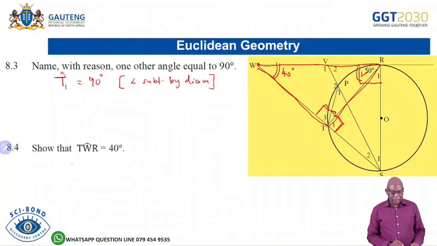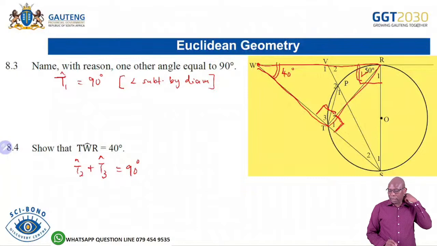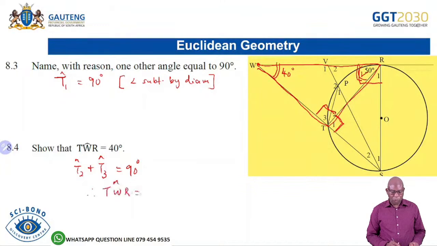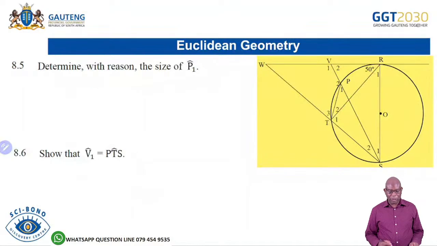I'll first get angle T2 plus angle T3, it's 90 degrees. And I already know that that angle here is 50, is given. So which means that then TWR will be equals to 40 degrees. And the reason will be sum of angles in a triangle. Okay. All right. Can you see I've already got these angles on my sketch.